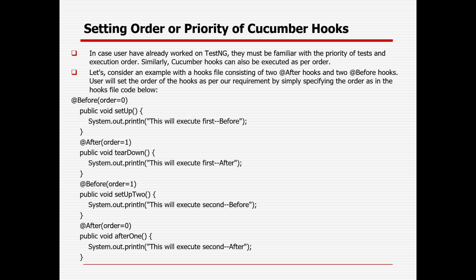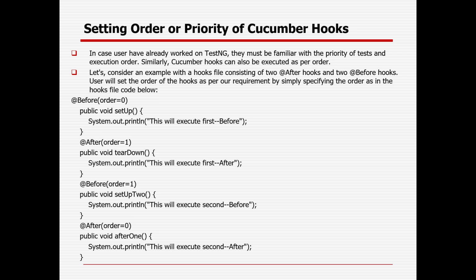Let's consider an example with the hook file consisting of 2 before and 2 after hooks. The user will set the order of the hooks as per requirement by simply specifying the order in the hooks given. Before hooks will be executed in ascending order, from lower to higher, whereas after hooks will work in descending order, from higher to lower.